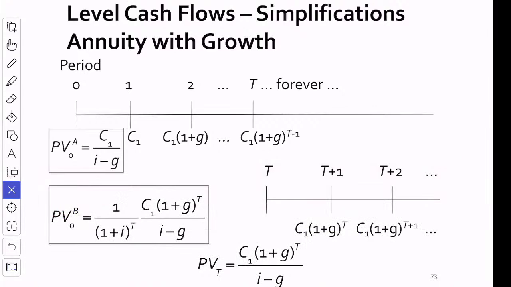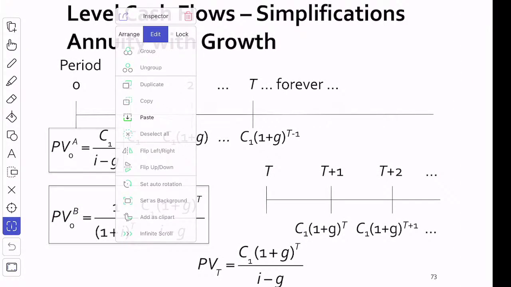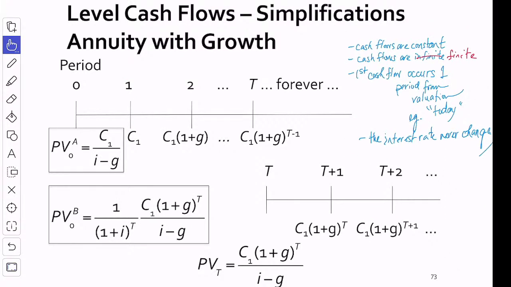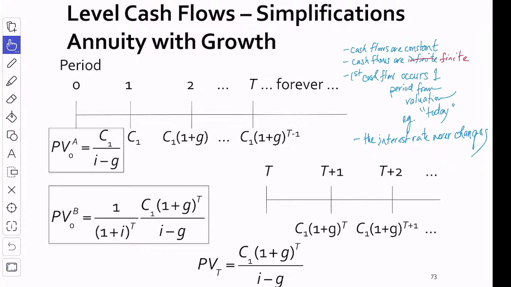Okay, so what are the conditions here? So the cash flows grow at a constant rate. I'm doing it like this so you see that all these formulas are related.